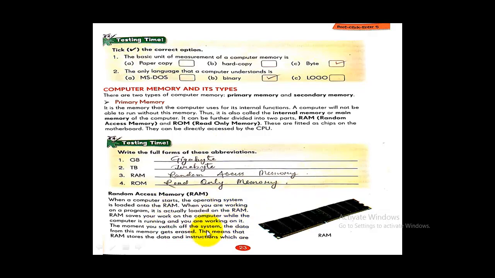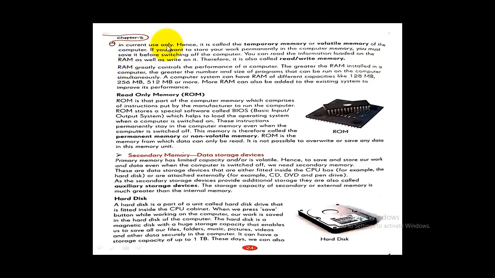When the computer hangs, we restart it or switch it off and turn it on again. The work we were doing, its memory is stored in the RAM. Once we switch off, the memory in the RAM is erased. This means that RAM stores the data and instructions which are in current use only.